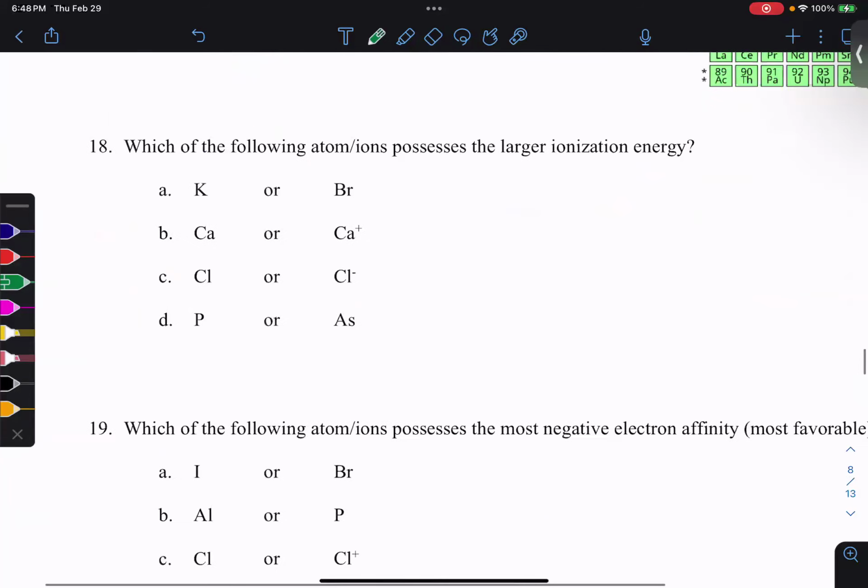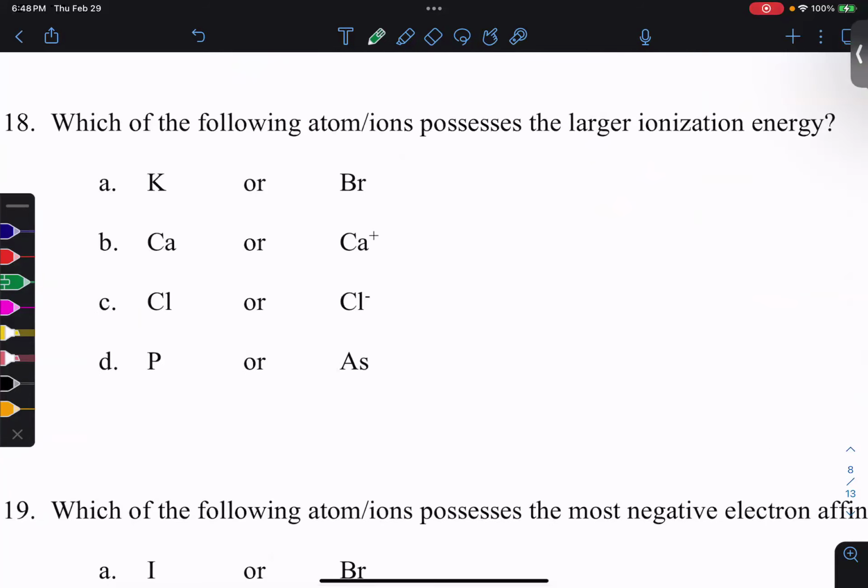Okay, keep going. So which of the ions possess the larger ionization energy? So what's the trend here? Ionization energy is energy to remove an electron. So an electron is going to be harder to remove if it's closer, if the ion is smaller.